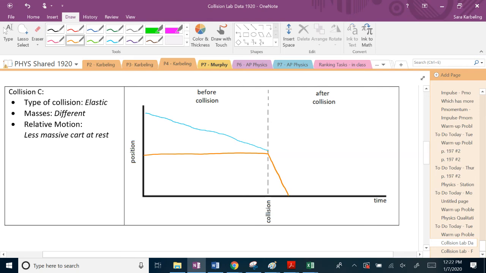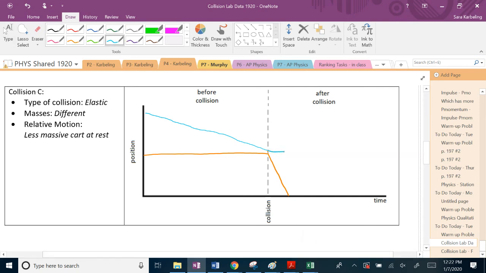Okay. And then what happens to the blue cart? This was the more massive one. Does it stop? Not completely. What does it do? Does it turn around or does it keep going? It slows down in the same direction. What's that going to do to your graph? What's it going to look like? Yeah, absolutely. The slope is going to be less steep.